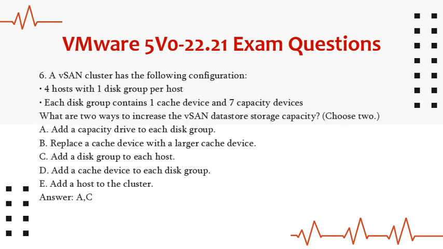6. A vSAN cluster has the following configuration: 4 hosts with 1 disk group per host. Each disk group contains 1 cache device and 7 capacity devices. What are 2 ways to increase the vSAN datastore storage capacity? Choose 2. A. Add a capacity drive to each disk group. B. Replace a cache device with a larger cache device.